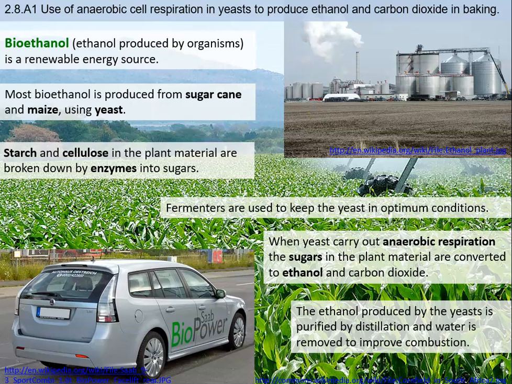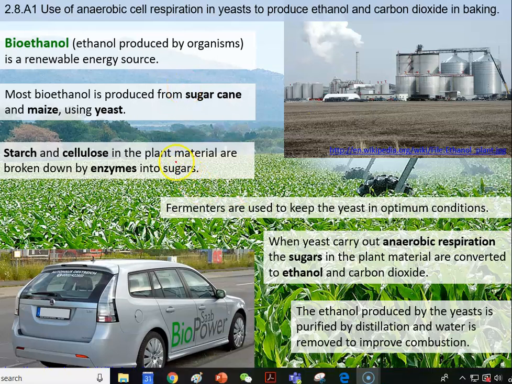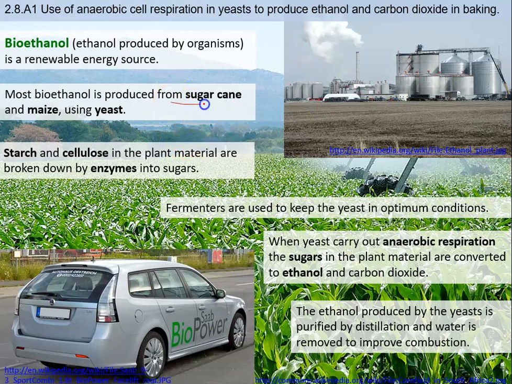This explains the bioethanol, which is ethanol produced by organisms. How? The bioethanol is produced from sugar cane and maize, or products which can be used for bioethanol by the usage of yeast. How does that work?